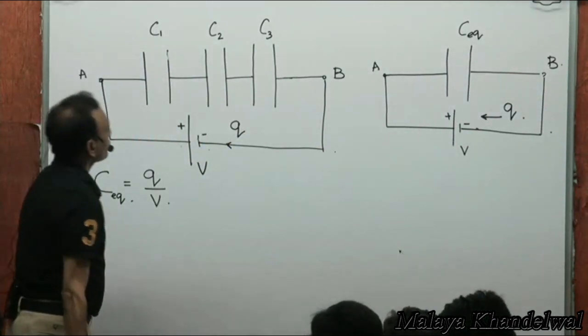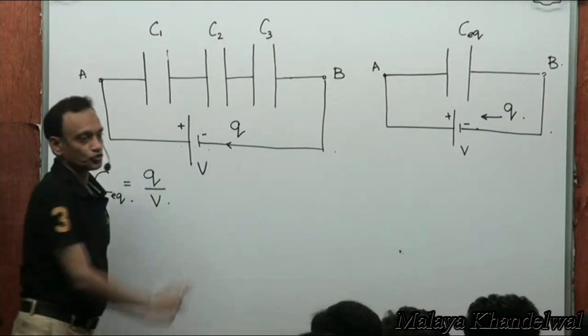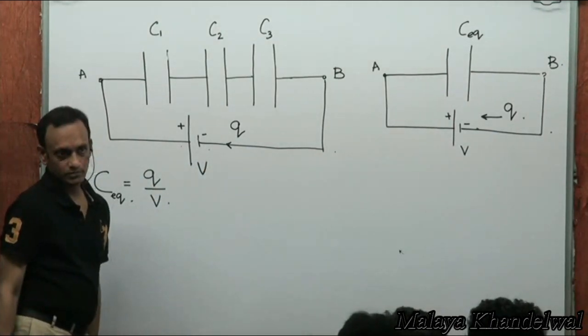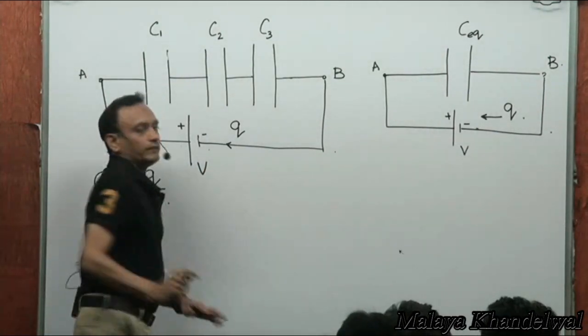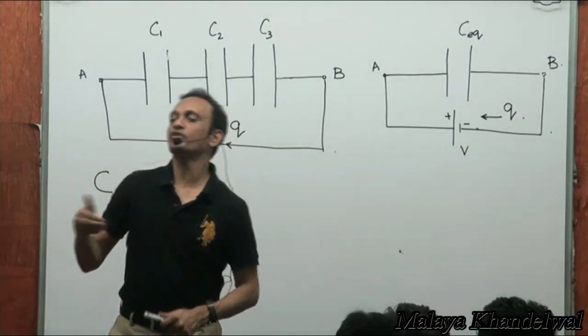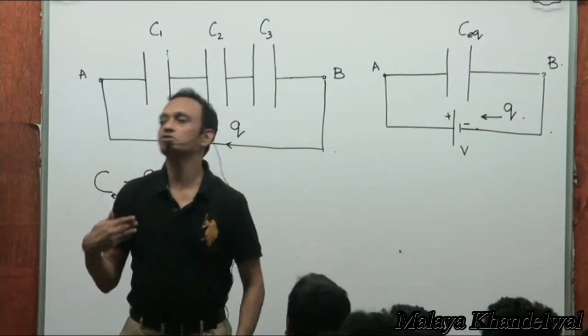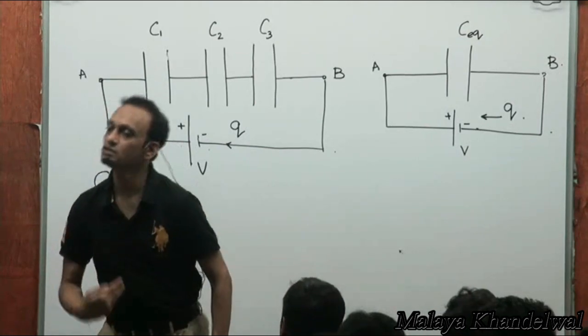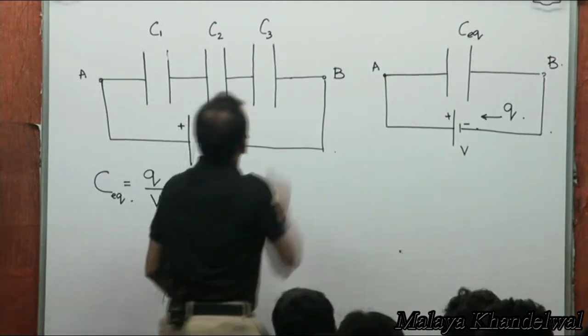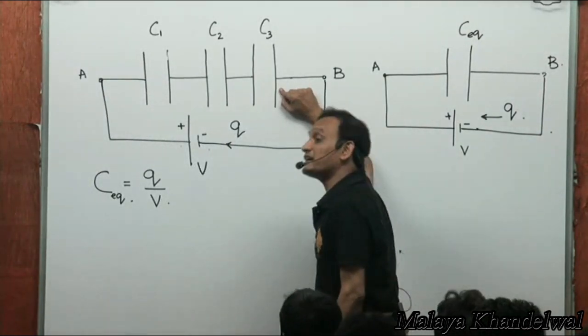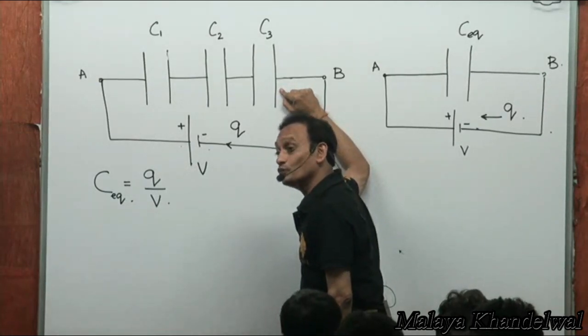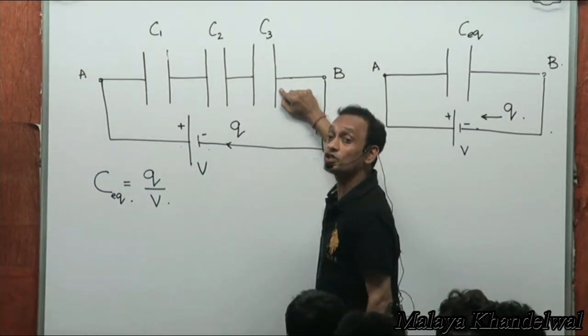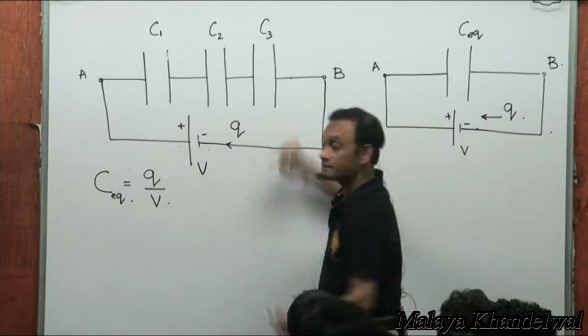Now, suppose a charge Q flows through the battery in this arrangement. And we will assume that the three capacitors were uncharged initially. Look at this plate. It is this plate which would have lost charge Q. It would now have a charge minus Q on its inner surface.